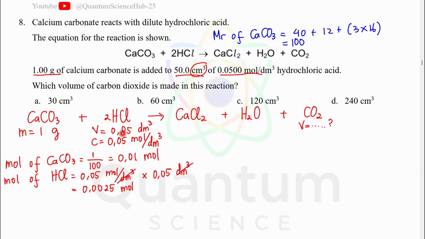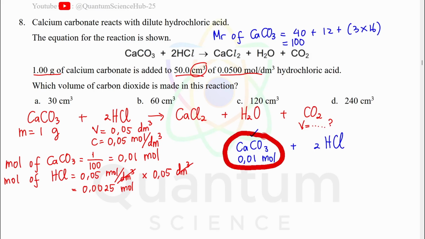Next step, we have to find the limiting reactant. So who will be the limiting reactant in here? Let's rewrite it one more time. CaCO3 and 2HCl. Assuming I take CaCO3 as the limiting reactant, in this case, I have 0.01 mole. But remember, this HCl is for 2 molecules. So that means how many moles if I'm using CaCO3 as the reference?